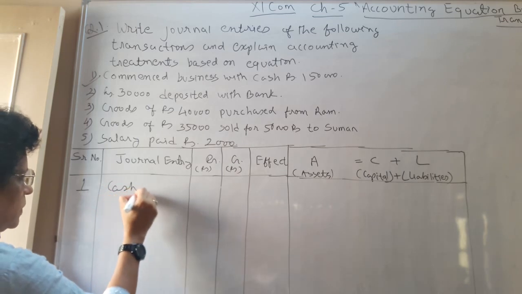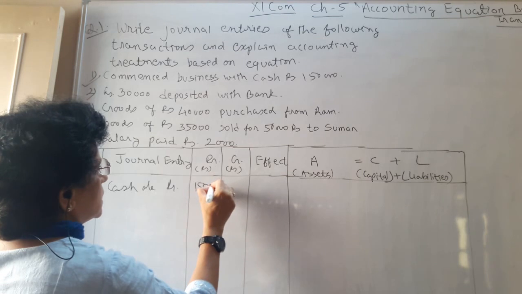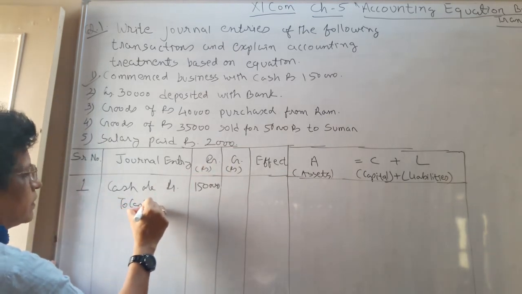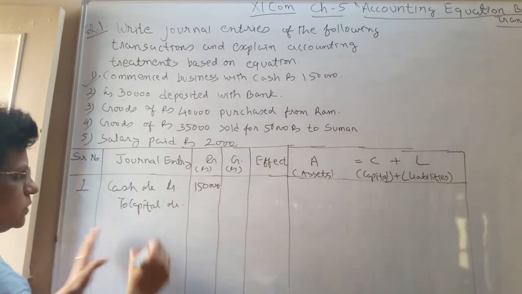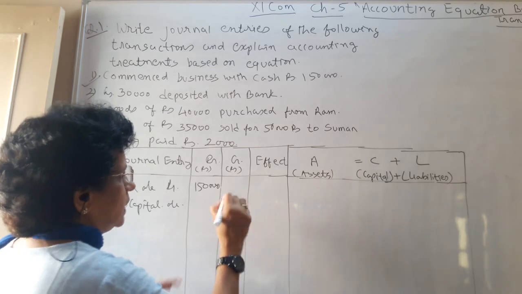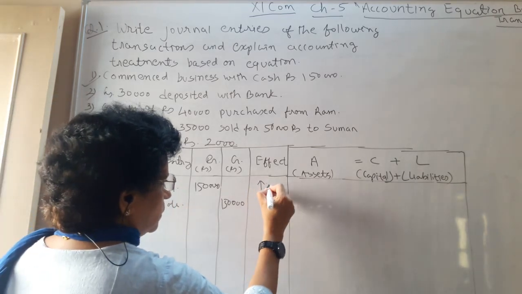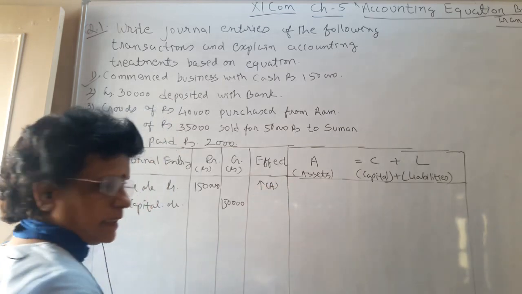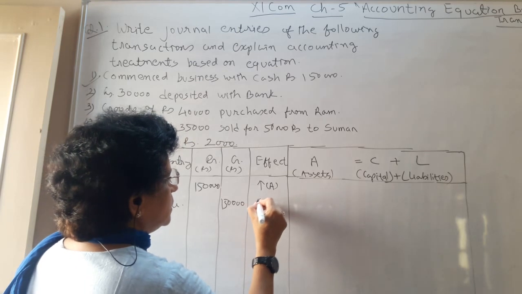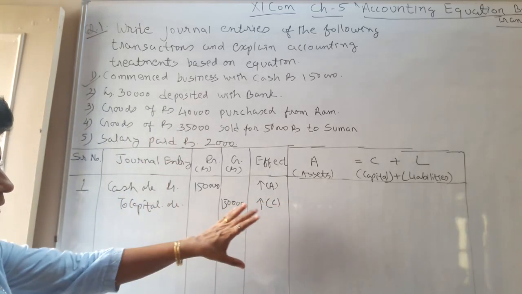Cash account debit, amount rupees 1,50,000, to capital. The owner is the giver, so to capital account in the credit column we will write 1,50,000. Cash is your asset, so asset increases, and capital also increases. That is your C. C is going to increase.